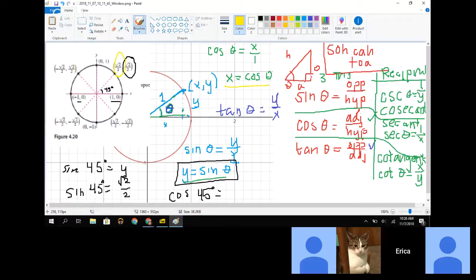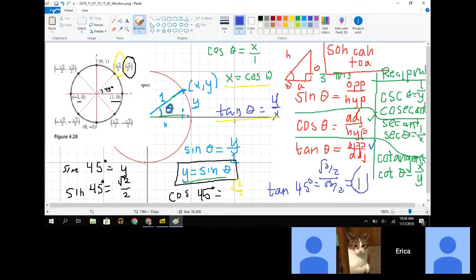Which also happens to be the square root of 2 over 2. It's not always the same, it's just because I picked this one. Okay, and then if I wanted to find the tangent of 45 degrees, that is the same as y over x, which is the square root of 2 over 2 divided by the square root of 2 over 2, which is 1.